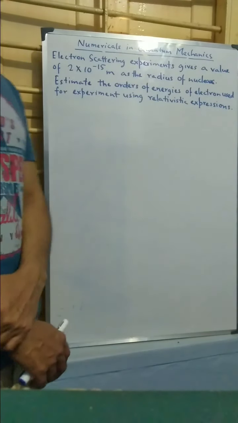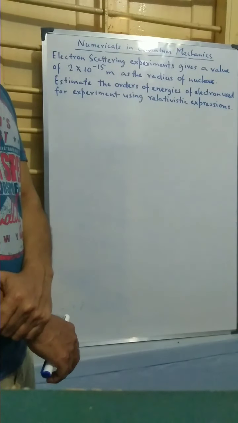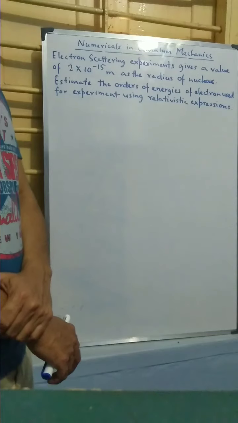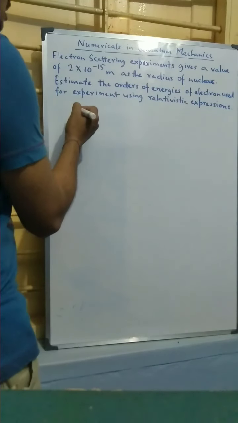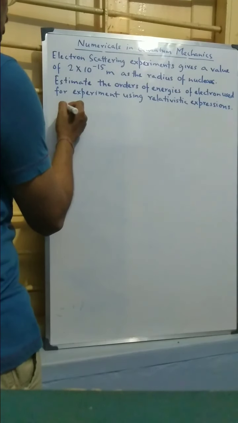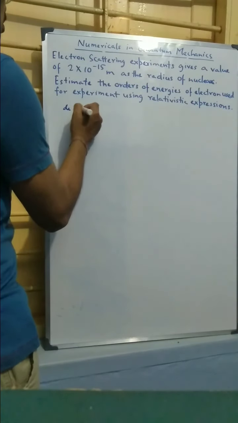Before that, we need to know the wavelength associated with the moving electron, the de Broglie wavelength. So first of all, let us try to have an idea about the de Broglie wavelength associated with this.